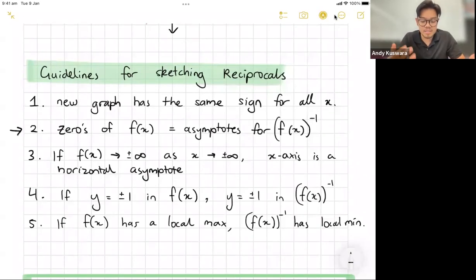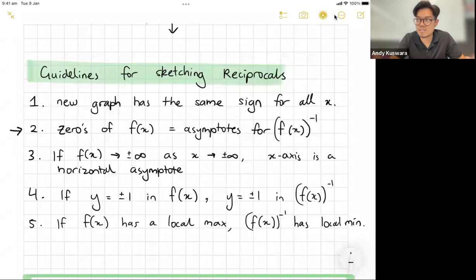Part 2 is probably your most important one. If I say zeros, in other words, all the x-intercepts of your function are going to now be your asymptotes for your reciprocal function. Again, I'll show you what that means. Number 3 is just a helpful one. If your function tends to either positive or negative infinity as x increases or decreases, your x-axis is a horizontal asymptote.